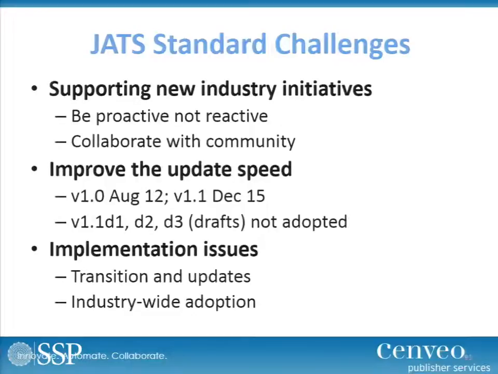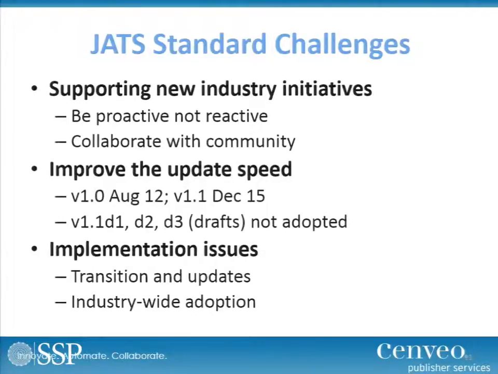So when ORCID was getting started, I proposed to the JATS committee that we add markup to support ORCID, even though no publisher was currently collecting ORCID, because it was new, it was coming up, and including that in JATS. And we did manage to get that in there for version 1.0 to support publisher submission of ORCID metadata to Crossref. So at the JATS committee, we collaborate with community initiatives, and we need to stay on top of industry initiatives.